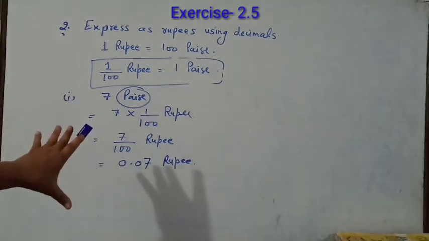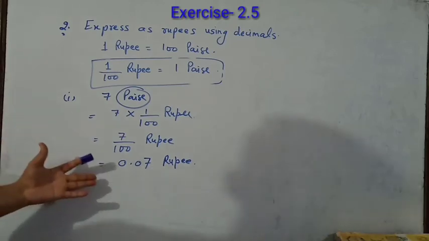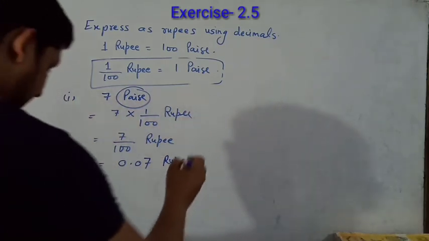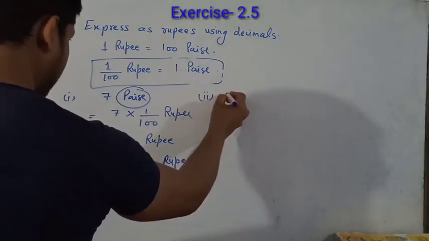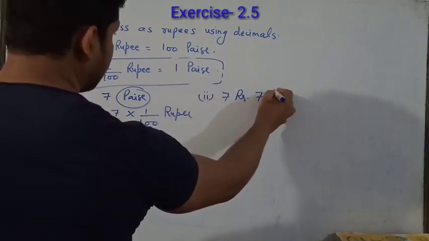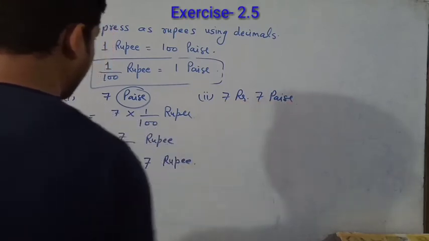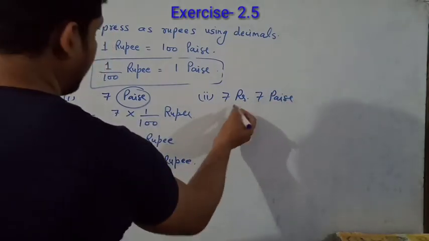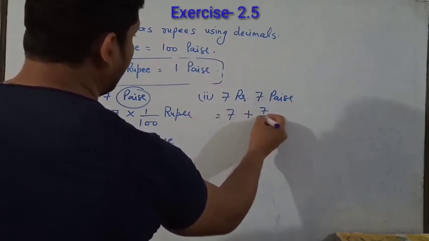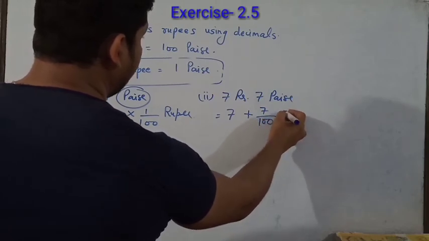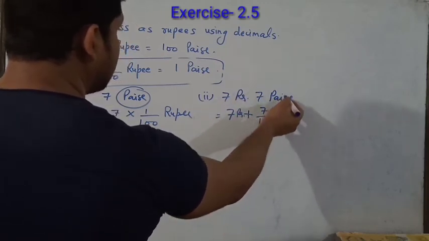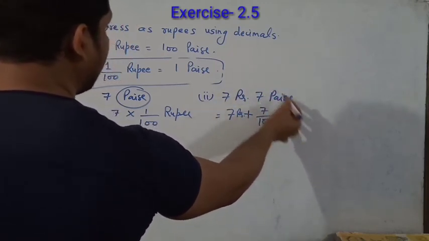This is the first question. So I have told you in detail, but in the other parts you can solve directly. Second part, 7 rupees and 7 paise. So this is rupees. Then 7 paise converted into rupees is divided by 100. Both are rupees. Then this is converted into rupees and added to 7 rupees.